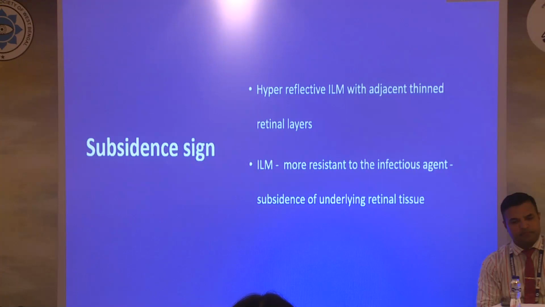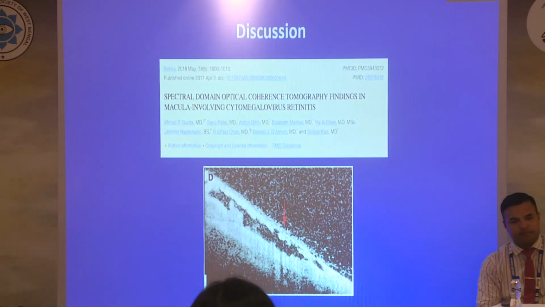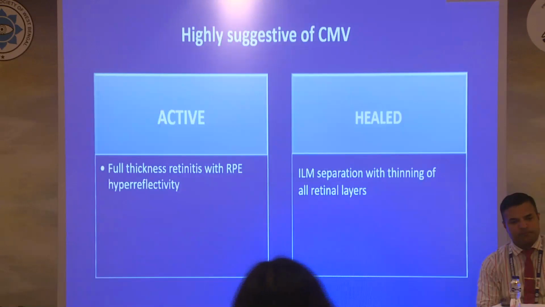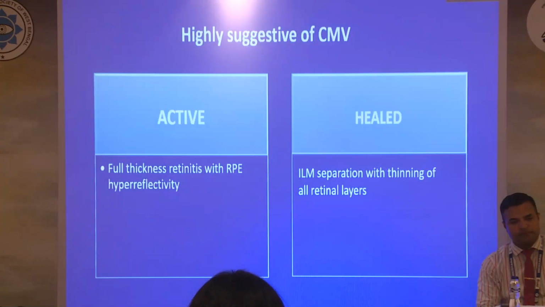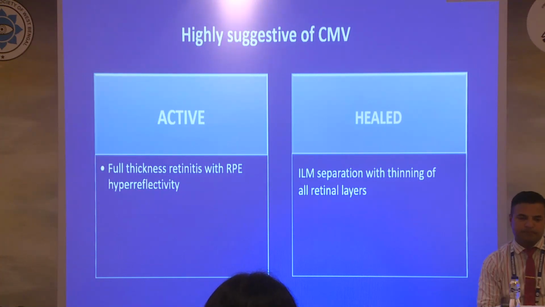This can be described as a substance loss and previously described in other pathologies like CNVM, etc. And this is already previously explained in other terminologies in previous studies in CMV retinitis. So highly suggestive features are full thickness retinitis with RPE hyperreflectivity, ILM separation with thinning.